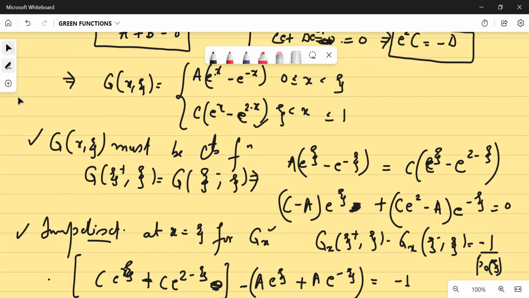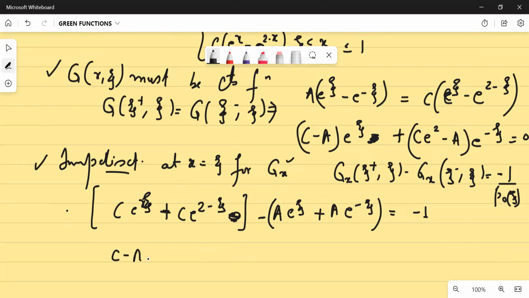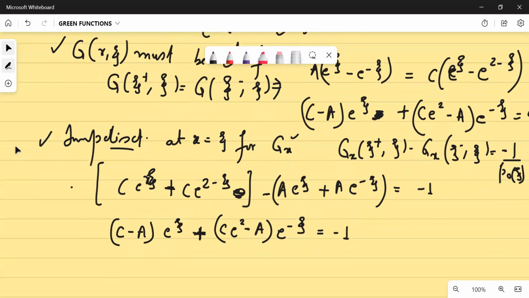Is that clear? So if I want to write all these things up, this will be c minus a e^ζ plus, I think, c e square minus a e^(-ζ). Please check that I am not making a mistake, otherwise if I make one mistake I will repent for it forever. So c minus a e^ζ. Okay, I think it is clear. Done. So this is how it is now; we will have to solve it a little.